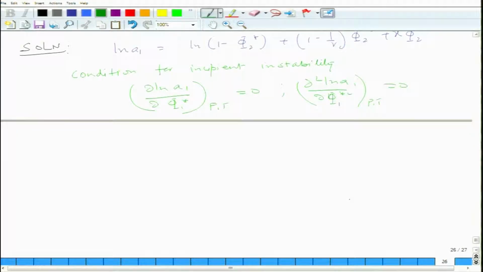So, this is equivalent to stating d ln A1 d phi 2. These two statements are equivalent.